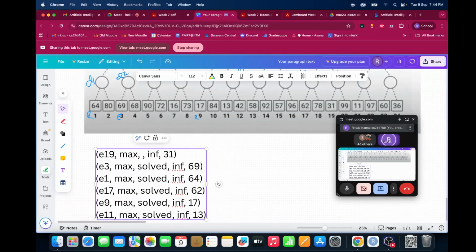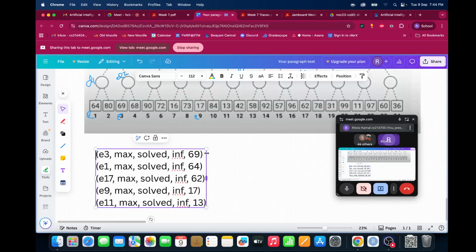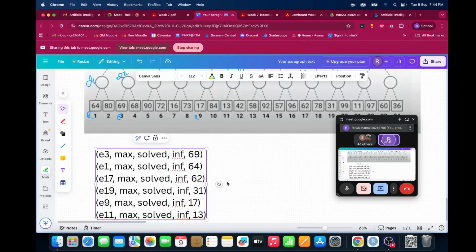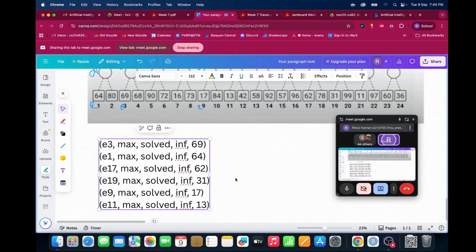This will be labeled as solved. And where will this be added? Before E9. That's correct. So now these are exactly the initial clusters that we came up with. Do you agree with me?